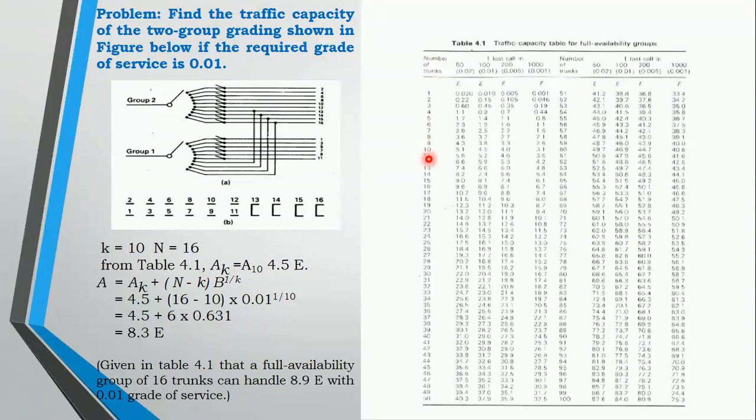So your availability is 10 and observe here. So 4.5. Why I choose the second column: here the grade of service is 0.01, and the grade of service given here is also 0.01. So at this stage you have 4.5. So if you substitute it, you are going to get the total traffic equal to 8.3 Erlangs.